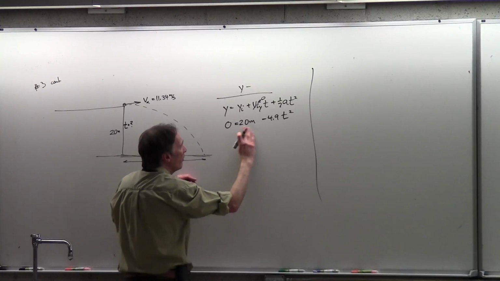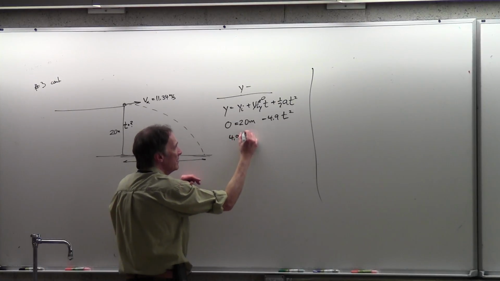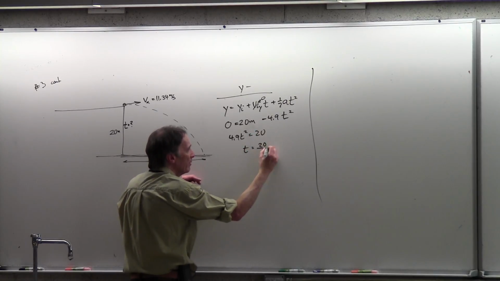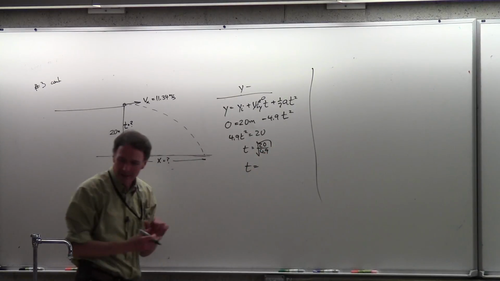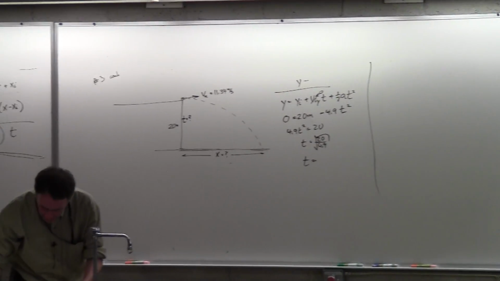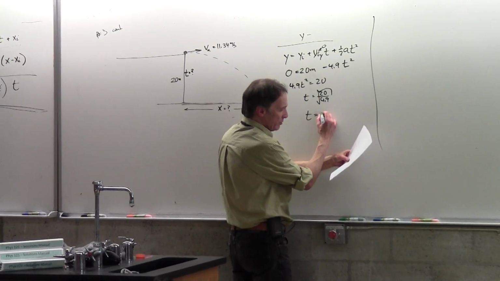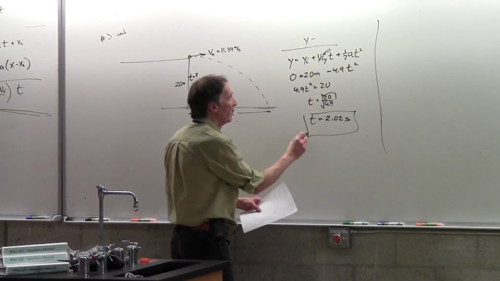So we can solve for the time that it's in the air. I'll take this over to the other side: 4.9 t squared is equal to 20. Then 20 divided by 4.9, square root, and I get 2.02 seconds that it's in the air.